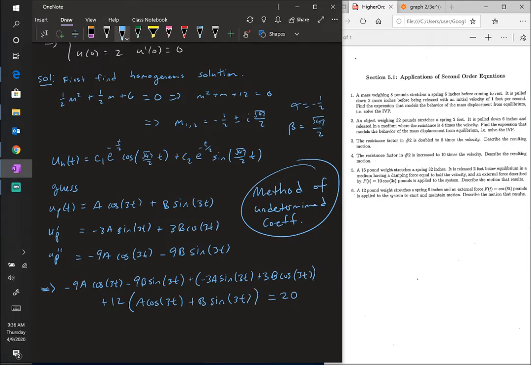If we multiplied by 2 all the way through, that 2 would multiply by the 10 and give us 20.